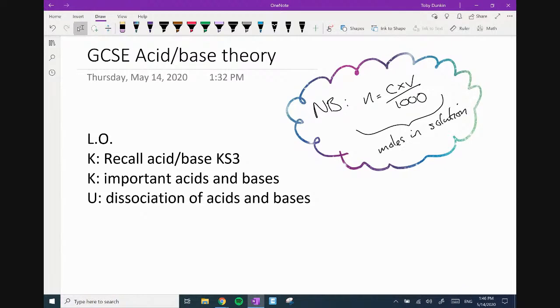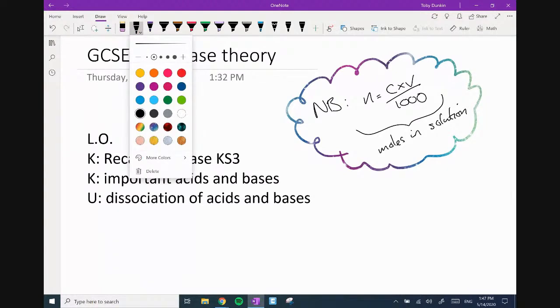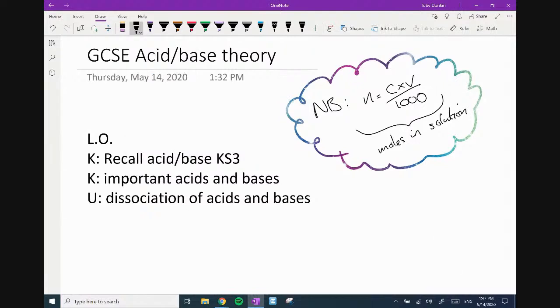The second one is we need to know the important acids and bases. Now, I've been doing that with you guys for a while now. It's always lovely to realize just how connective chemistry is. All the topics tie together. Obviously calculations ties in, and we've been doing general reactions, and we've already done some of those acid-base reactions and knowing the rules of them.